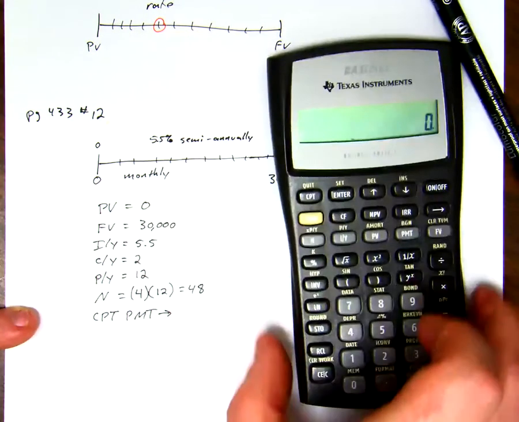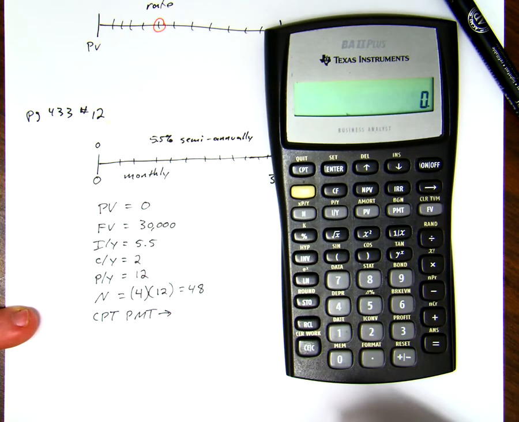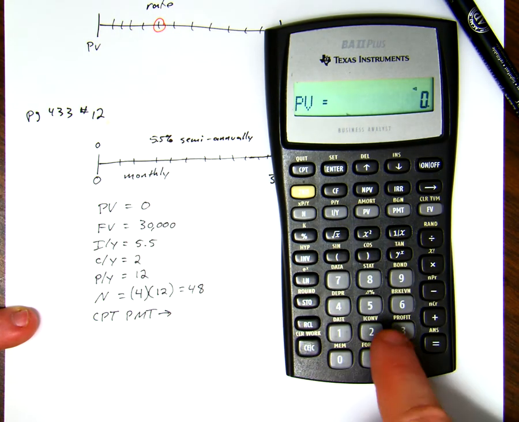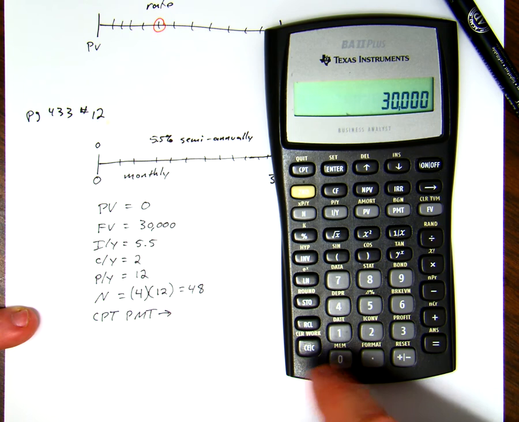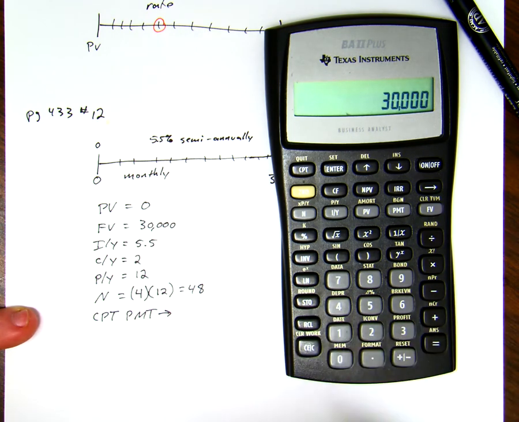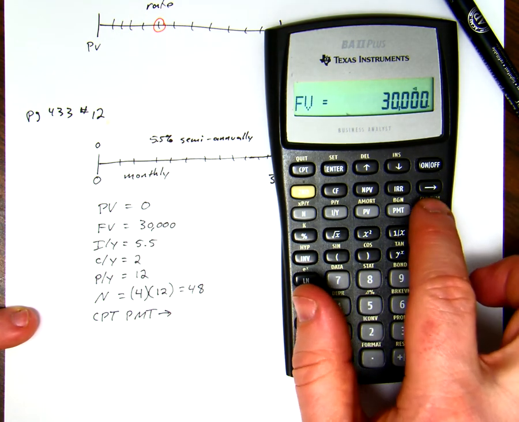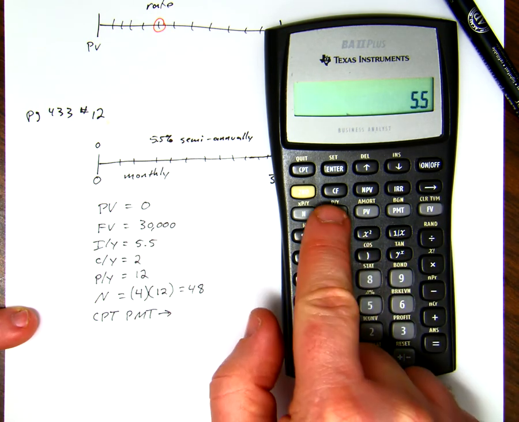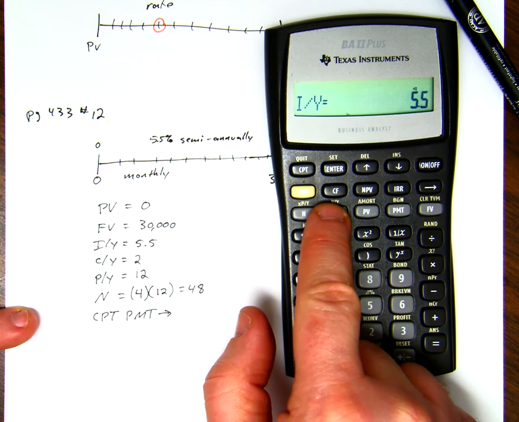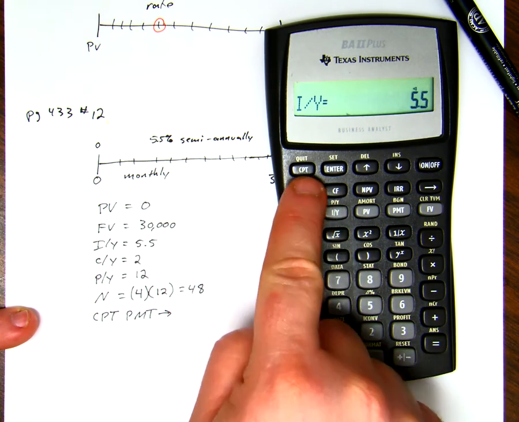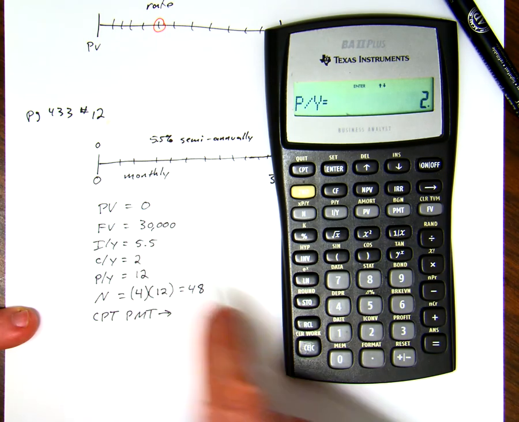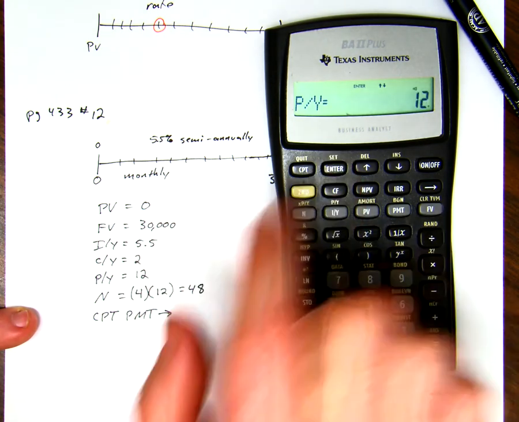So putting this into the calculator, we get 0 for present value, and 30,000 for future value. Again, it's positive because we want to get that value in the end. 5.5 is our I per Y. We're going to do second function I per Y and say our payments per year are going to be 12.